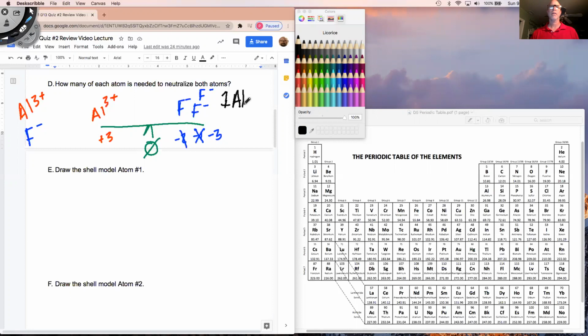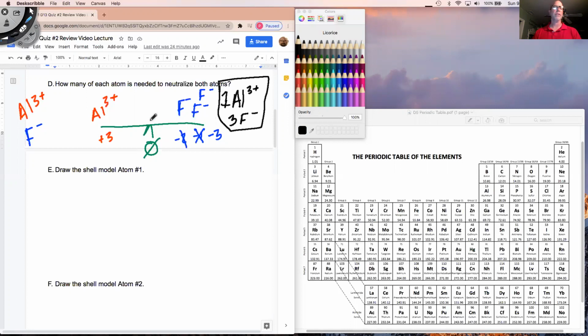Okay, that's 1 aluminum. But if you leave it like this, I have to mark it incorrect because this is an ion. So it's 1 aluminum plus, and then you'll need 3 F-. This will be the answer to get full credit.